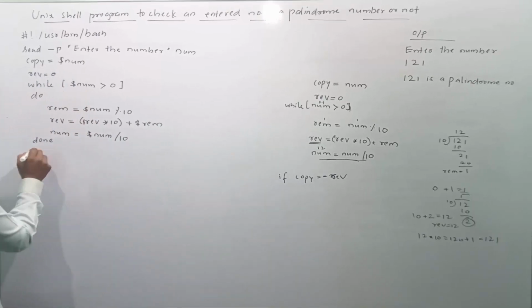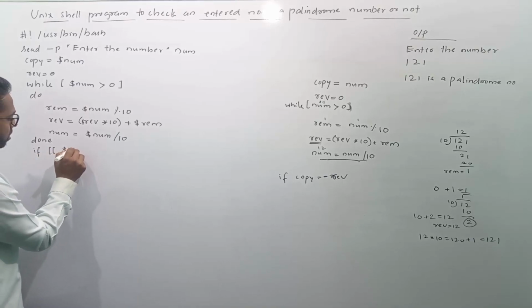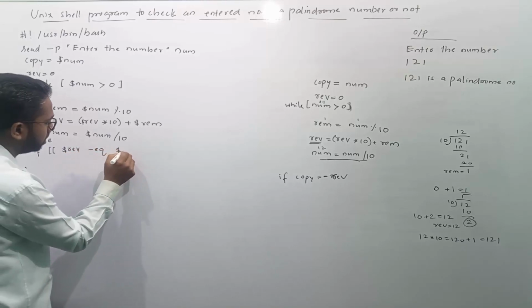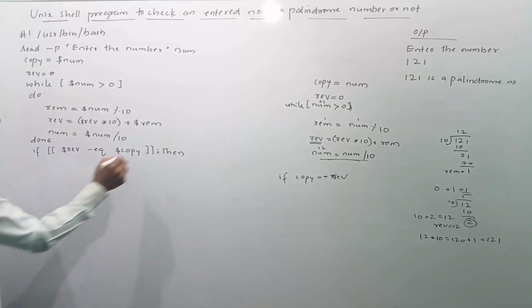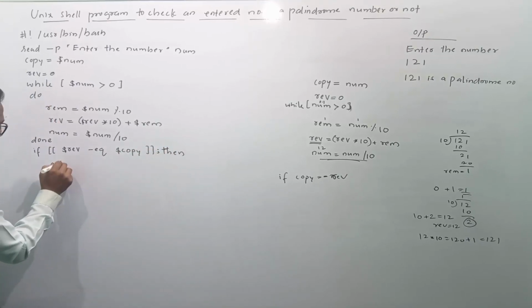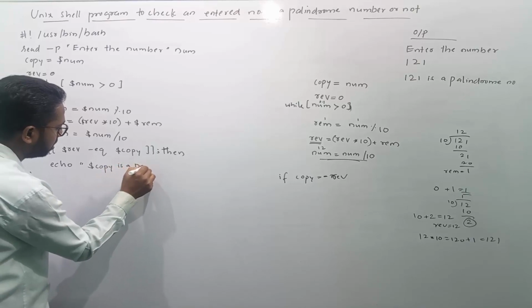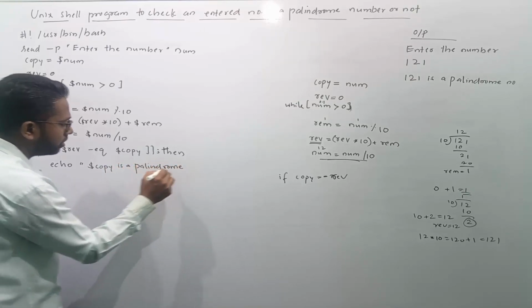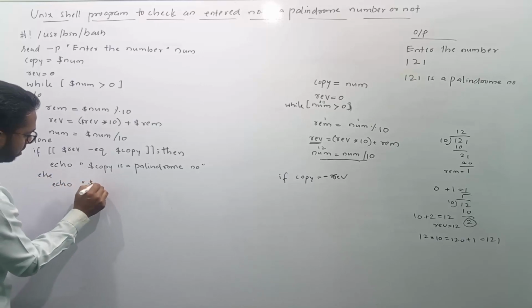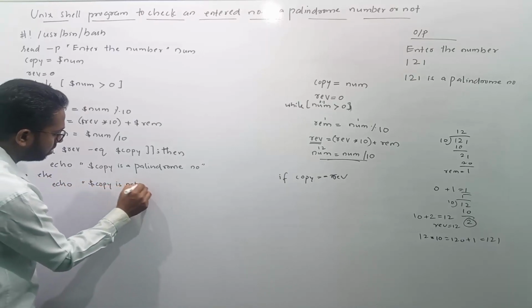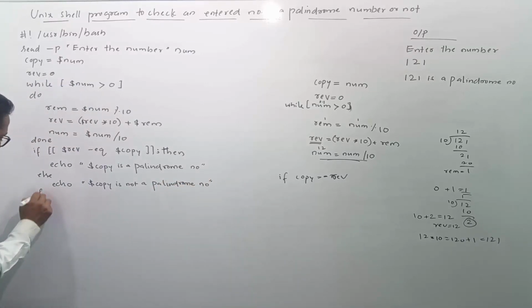Next I need to compare. If space, two open square brackets, $reverse is equal to $copy, semicolon, then echo $copy is a palindrome number, else echo $copy is not a palindrome number, and fi.